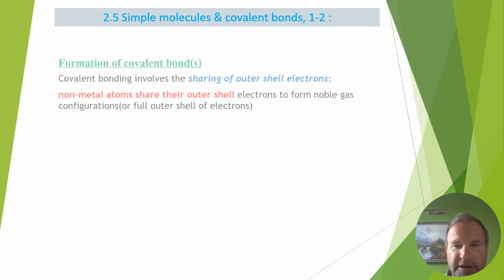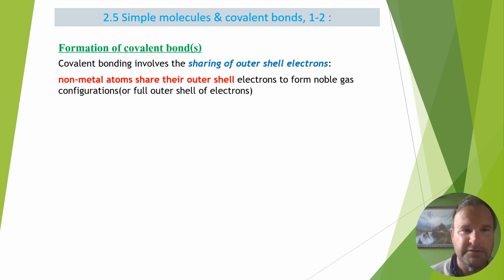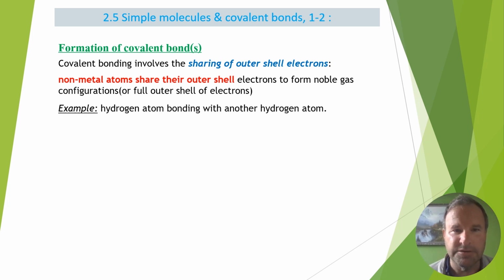Next slide on covalent bonds. Formation of covalent bonds involves the sharing of outer shell electrons only, as far as we know in the theory. Non-metal atoms share their outer electrons to form a noble gas configuration that is stable. We have a look at this example, a hydrogen atom bonding with another hydrogen atom.